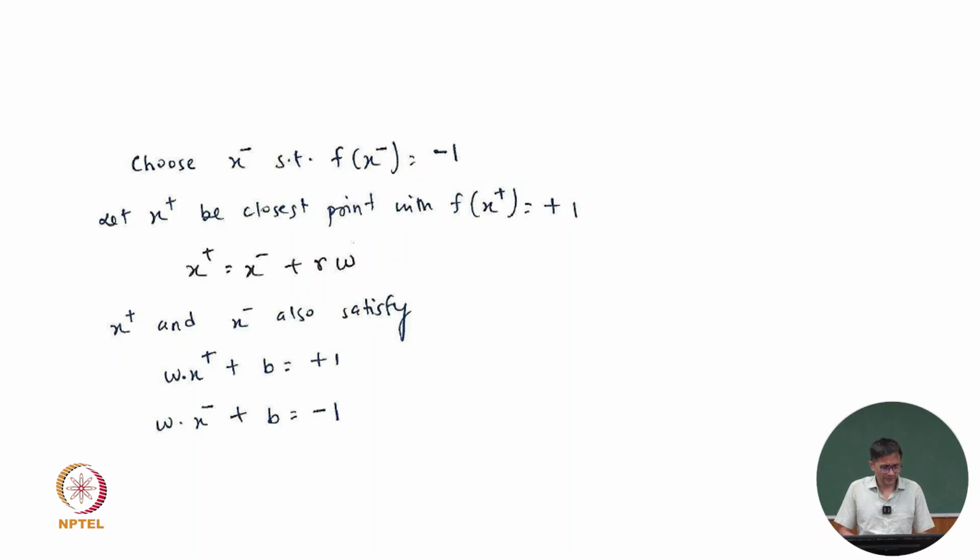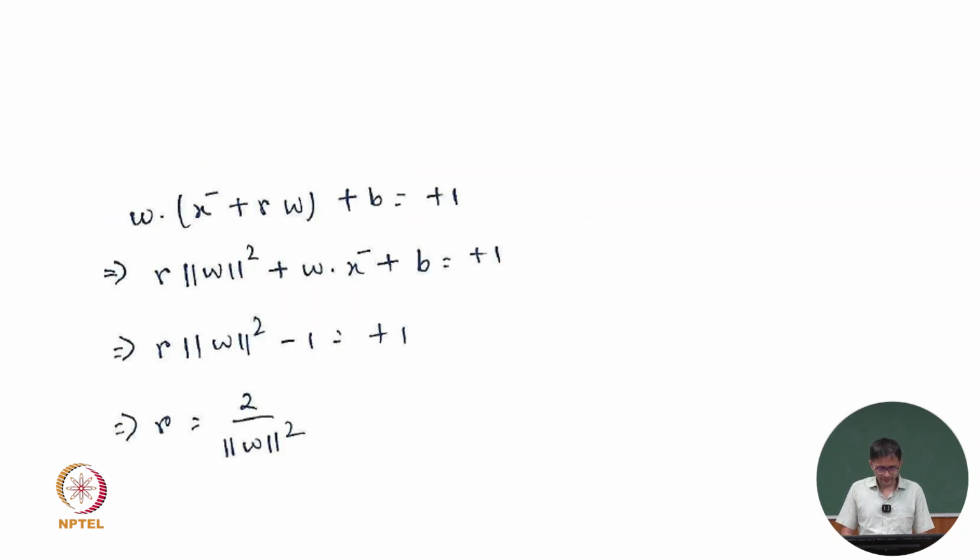Now this relationship x plus is equal to x minus plus RW, you can substitute in one of these lines. This is exactly what we have done: W dot (x minus plus RW) plus B is equal to +1. After some simple calculation, we get a value of R expressed in terms of the norm. Now what can we do with this value of R?